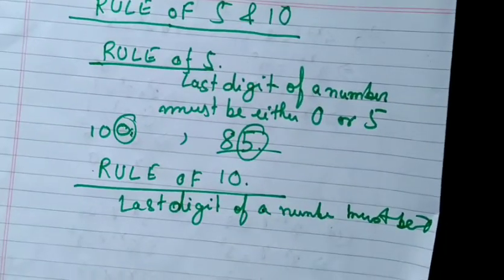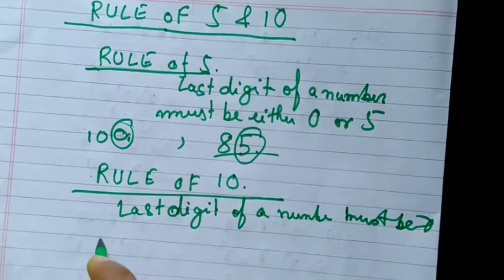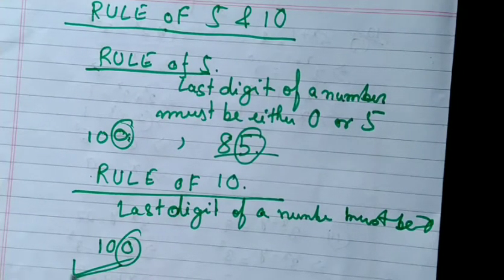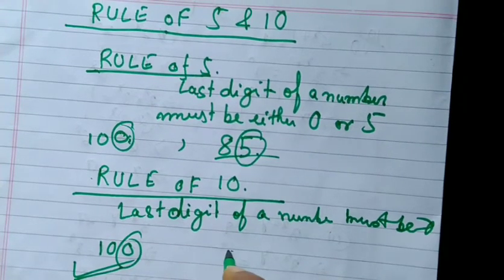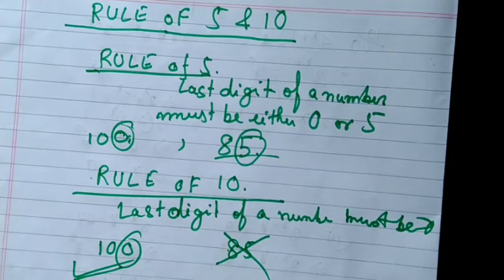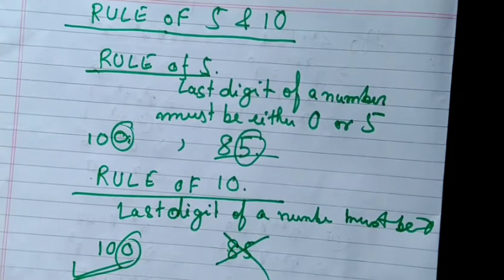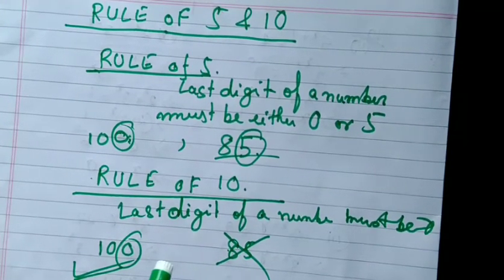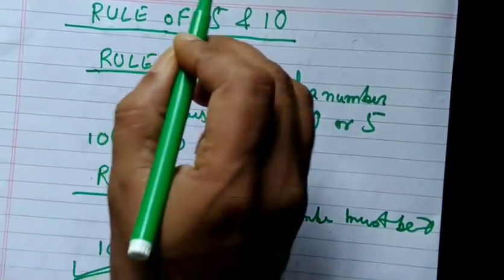For example, 100 last digit is 0, so that means this is divisible by 10. But 85 last digit is 5, so this is not divisible by 10. So here also a number may be divisible by 5, but it may not be divisible by 10. But in case it is divisible by 10, then it has to be divisible by 5.